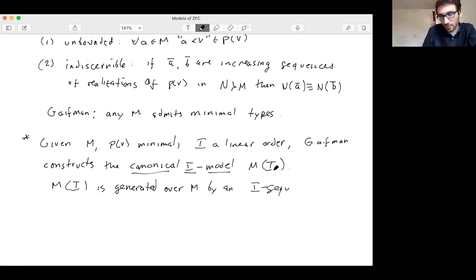So for me, I will be a countable linear order, but I suppose it doesn't matter initially.